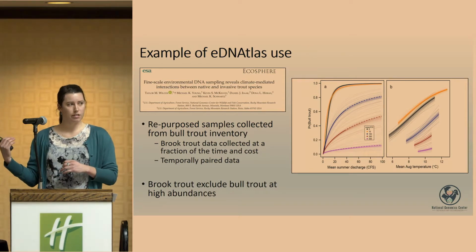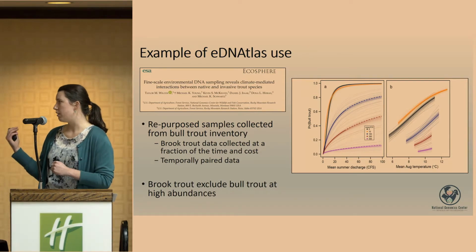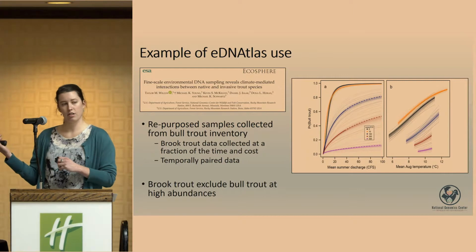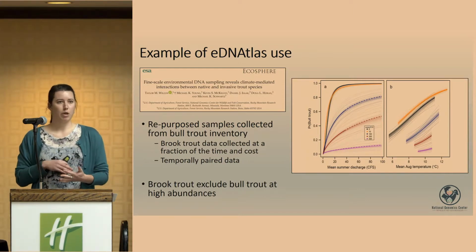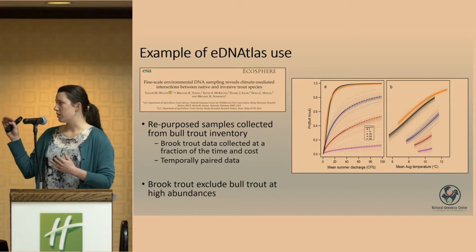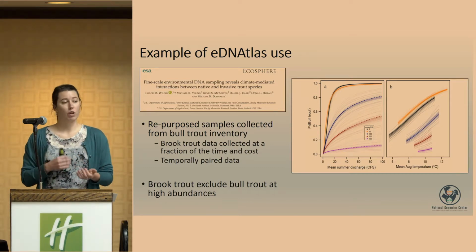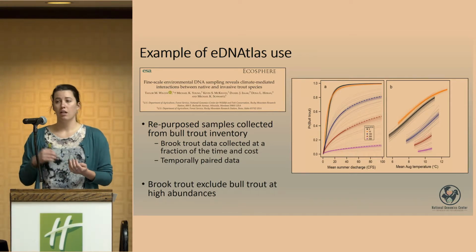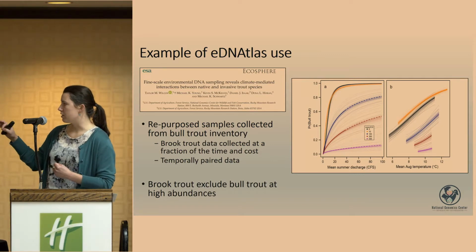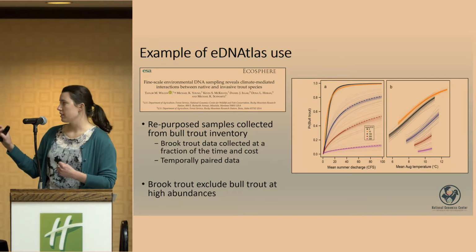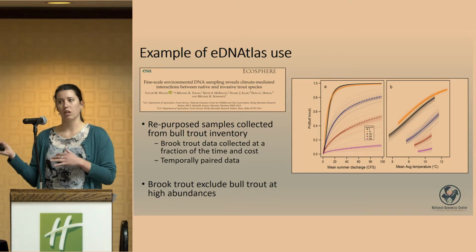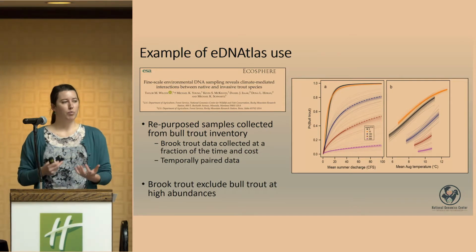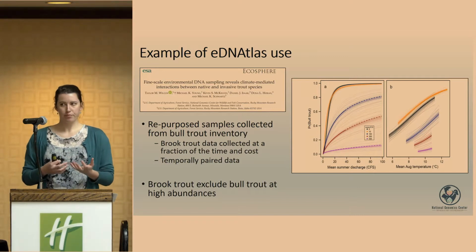On the x-axis, there are different mean summer temperatures and mean summer discharges. And on the y-axis, you have the probability of bull trout being present. Each line with a different color is showing a different relative brook trout abundance. The higher relative abundances are in the purple and in the red, and as you can see, those are resulting in lower probabilities of bull trout being present.